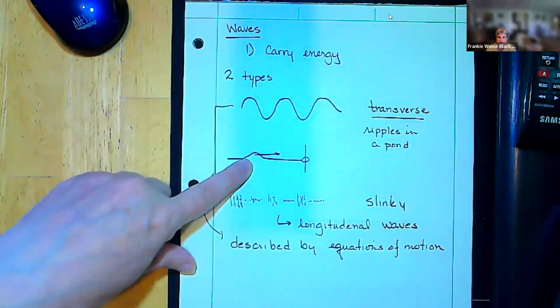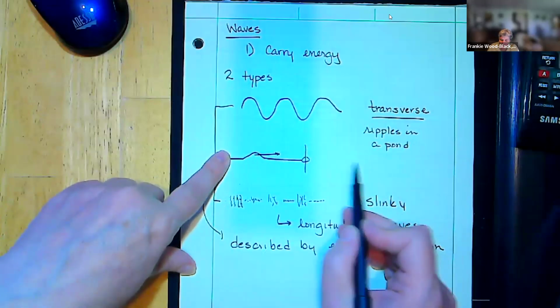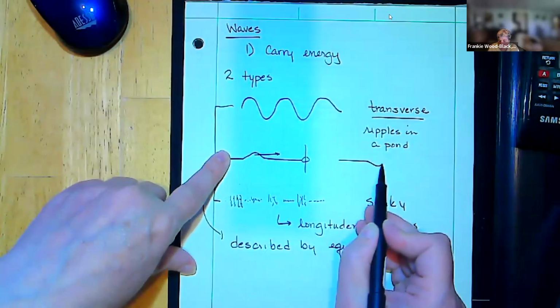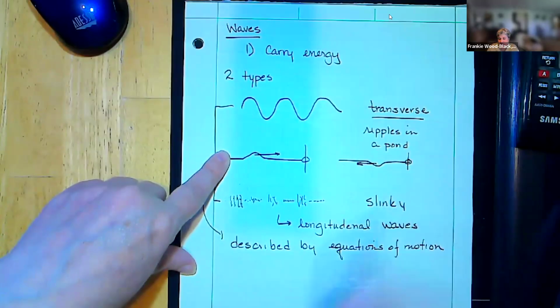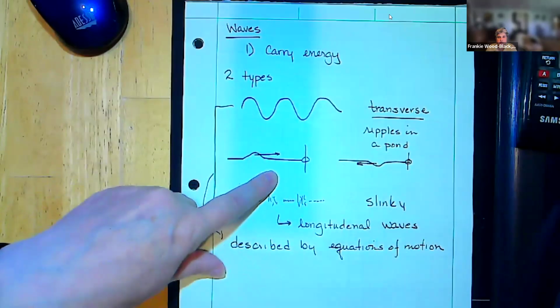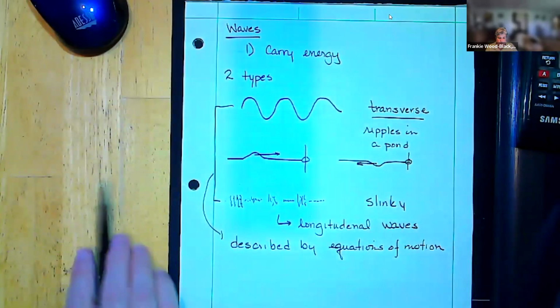Now, one other thing I want to talk about is if I send in a pulse and it comes in here, my pulse will reflect and it'll come back and bounce off of my object. So I have waves that'll come in and I'll get reflection of my waves. They'll flip over and do fun things.